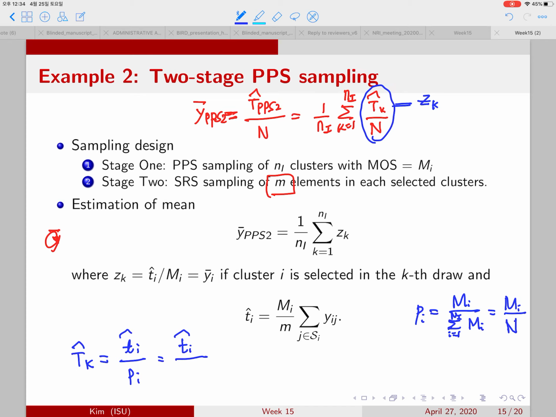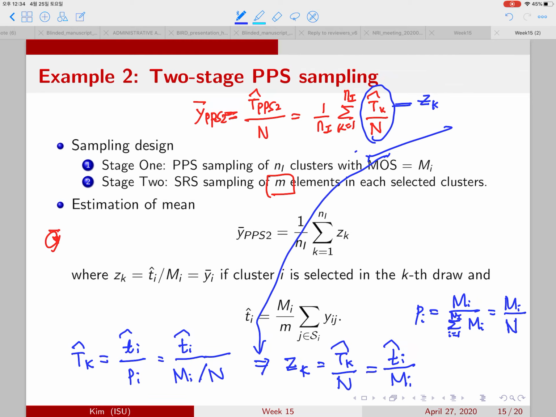So from this definition, c_k is T hat k divided by M, which means T hat i divided by m_i.